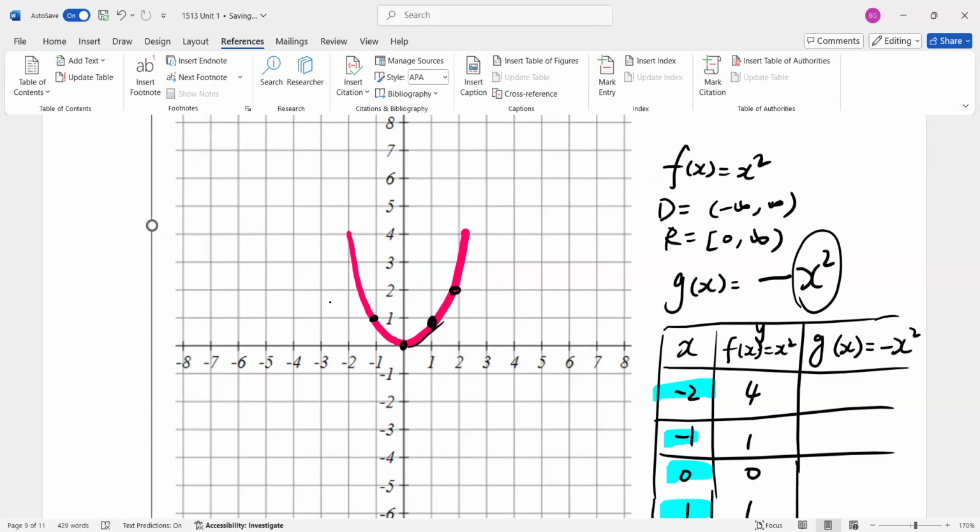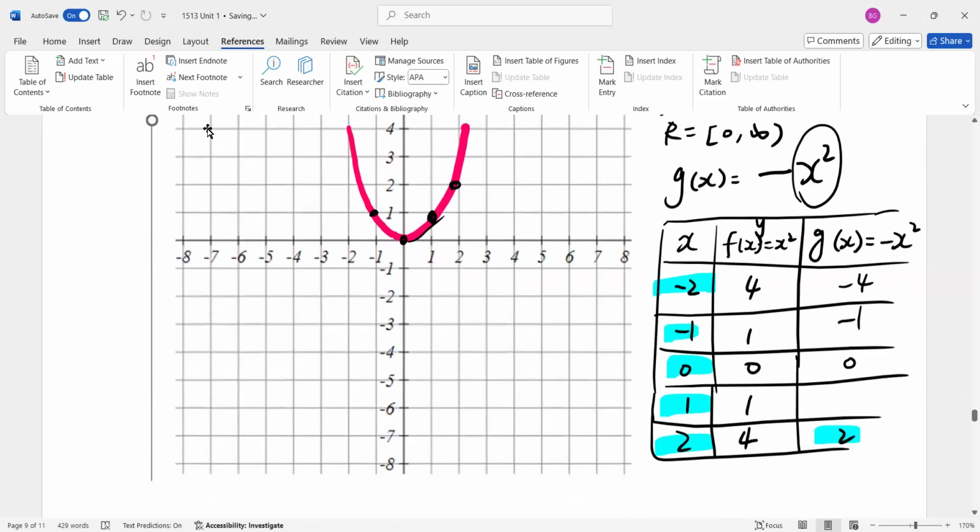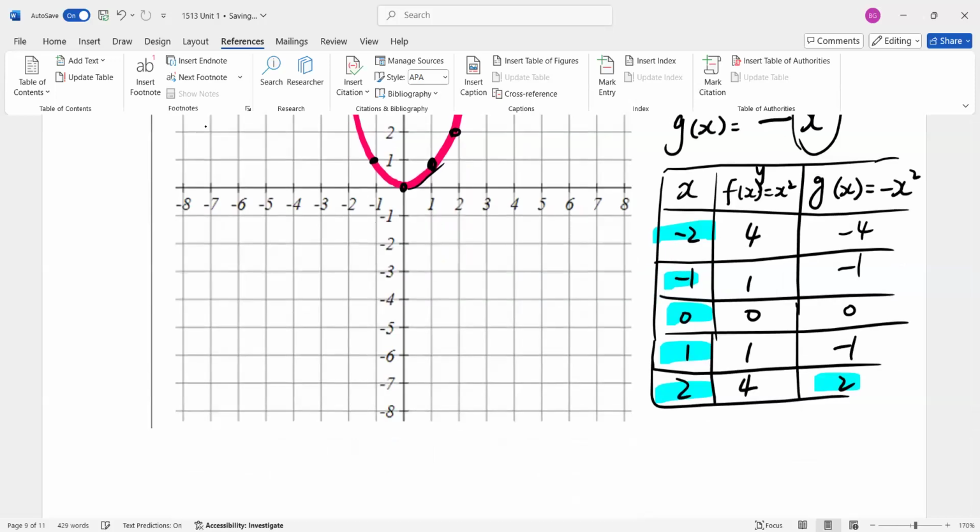So when x is -2, y is going to be -4. When x is -1, y is going to be -1. When x is 0, it's 0. When x is 1, it's -1 here, and this is -4.